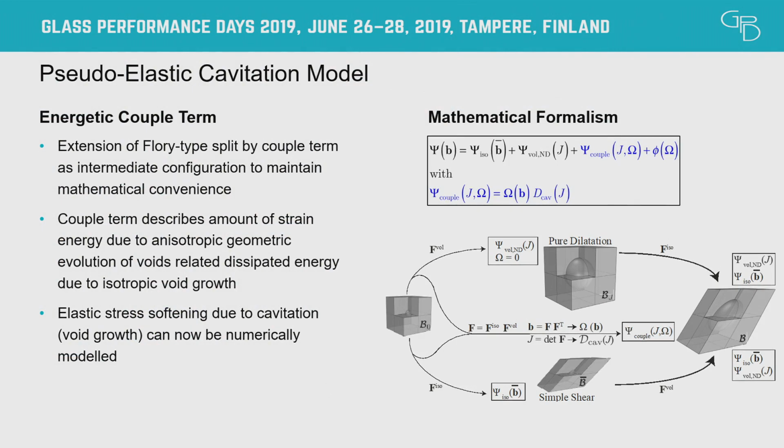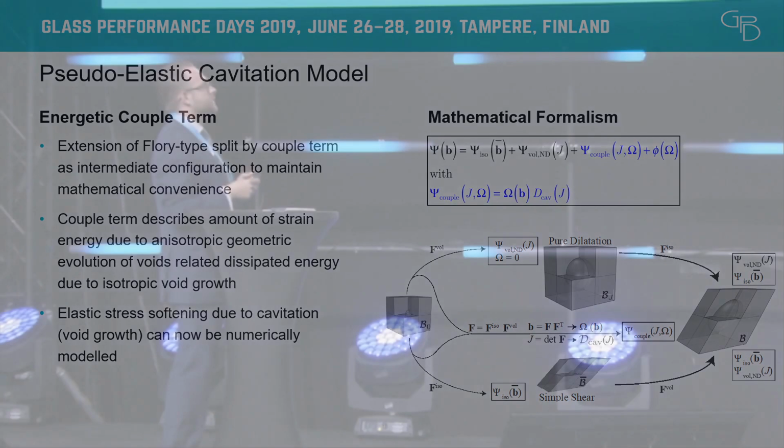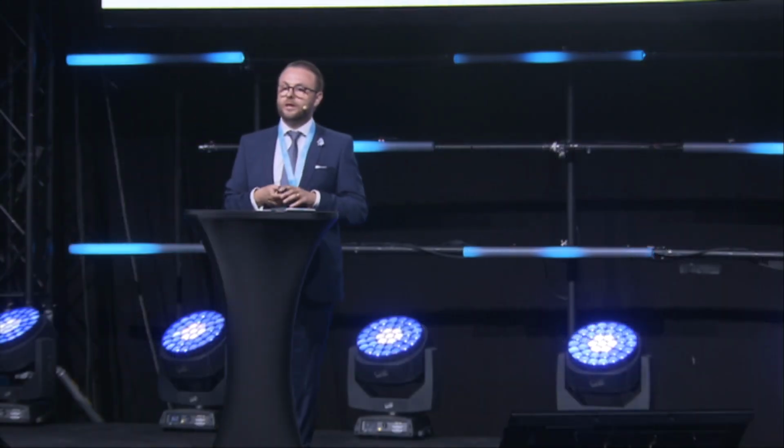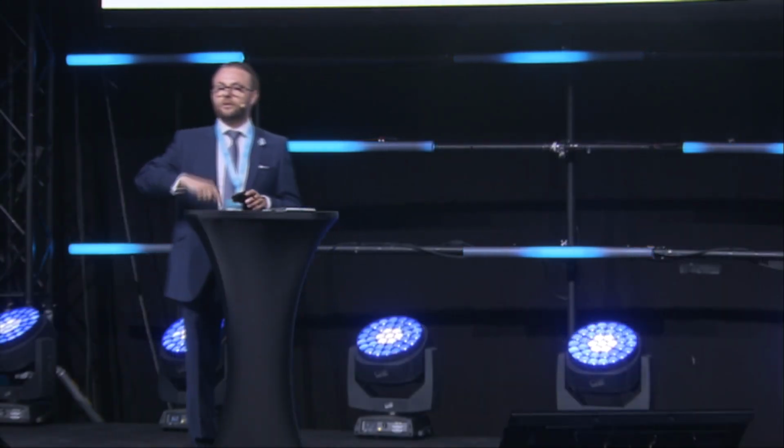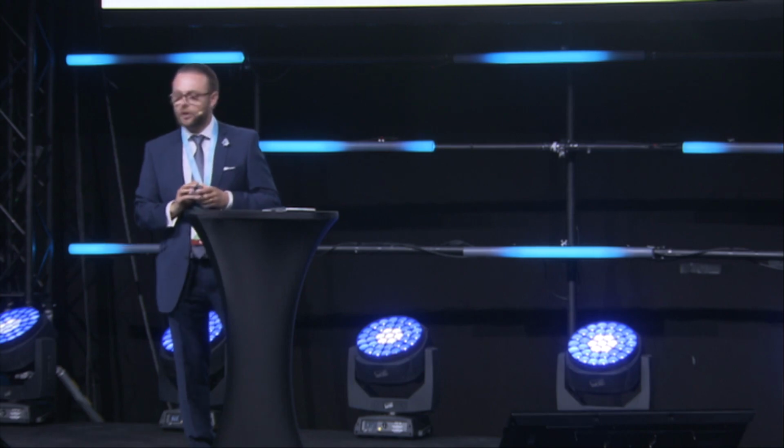As we know, we have a hyperelastic material, and hyperelastic materials are always described by so-called strain energy density functions. There exist many examples in literature, and what you have to remember is we now take this pseudo-elastic formulation to calculate the softening due to cavitation.